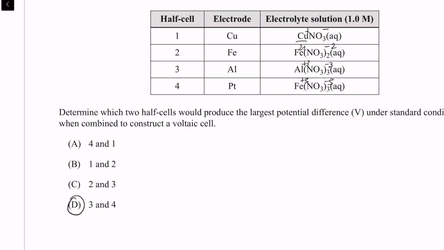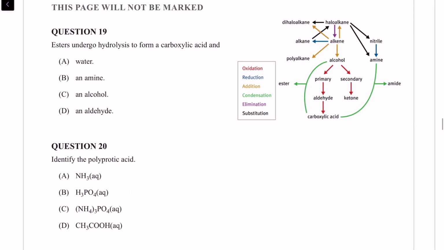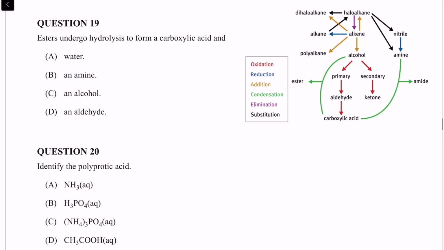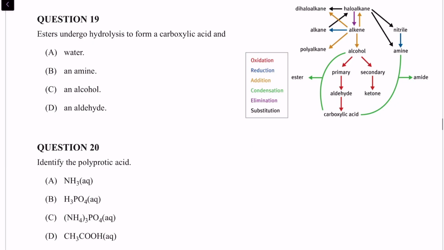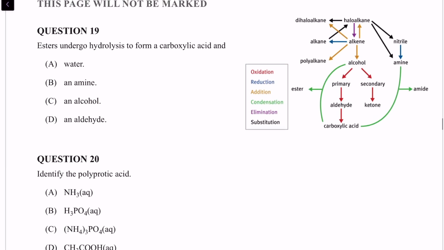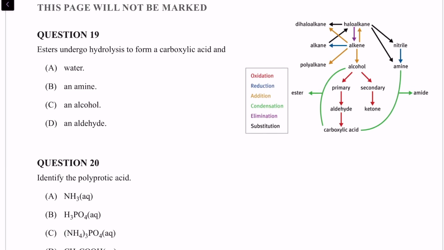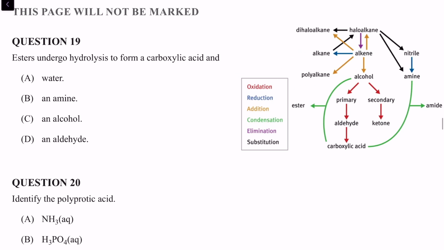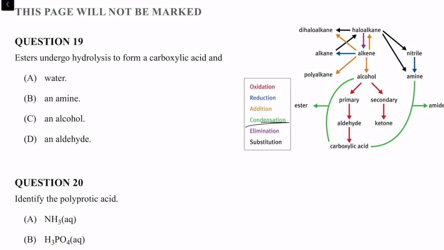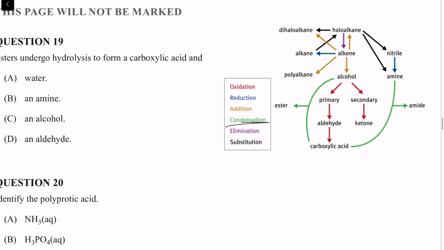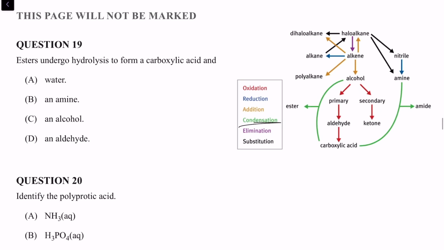Right. Question 19. Esters undergo hydrolysis to form a carboxylic acid and, okay, this is a nice easy one. You just have to memorize your pathways for this. So if you know this green type of reaction pathway type is a condensation.